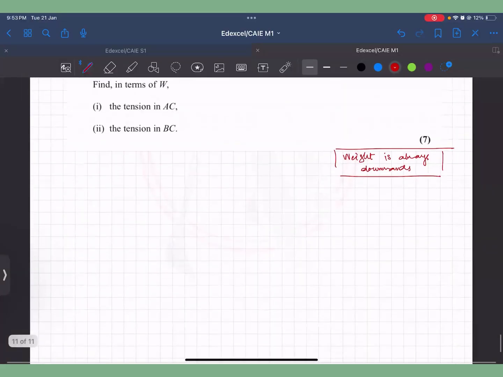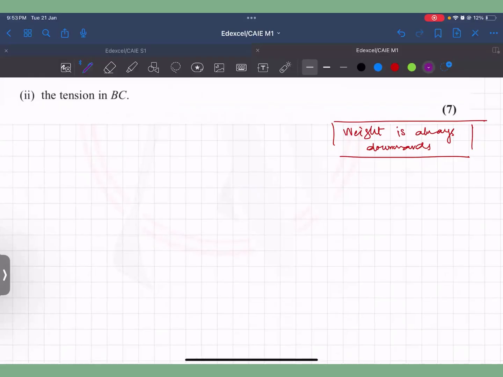And about the force tension. Tension is a force always in strings. Tension is the force in a string, rope, or any other wire. The force in the string, rope, or wire is called tension.